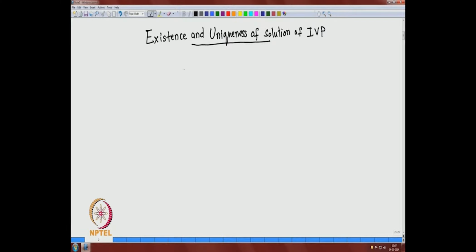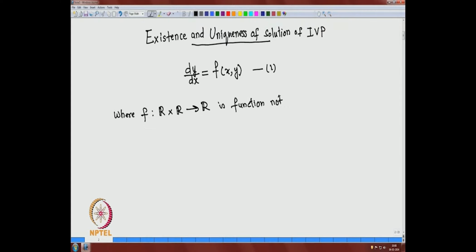In this session we deal with an initial value problem, that is a differential equation of the form dy/dx = f(x, y). Call this the given differential equation, where f is a function defined on R × R to R, not necessarily linear.